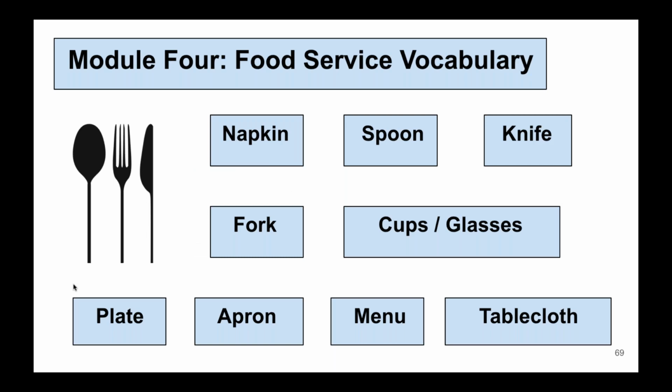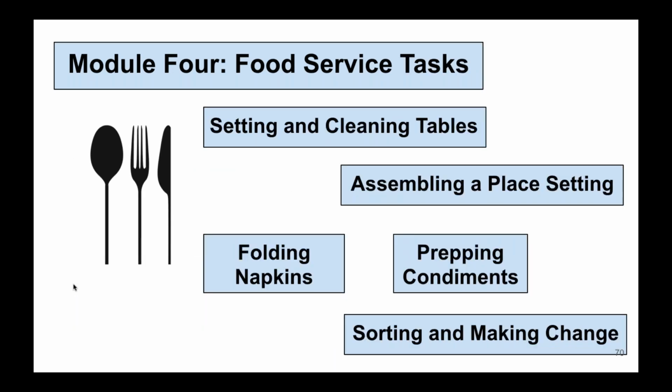There's the vocabulary again, super important, related to the items found in food service areas. And some tasks such as setting and clearing tables, assembling place settings, practicing folding the napkins for table setting, prepping condiments, as well as sorting and making change.